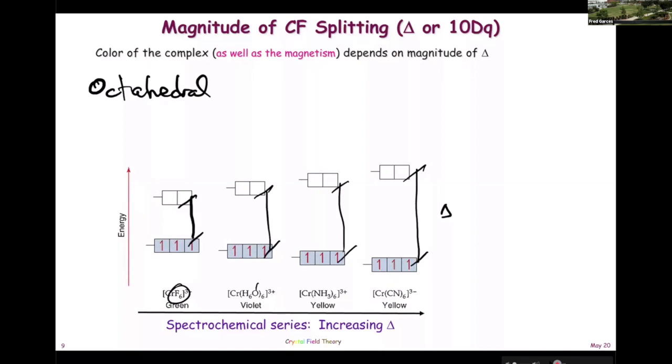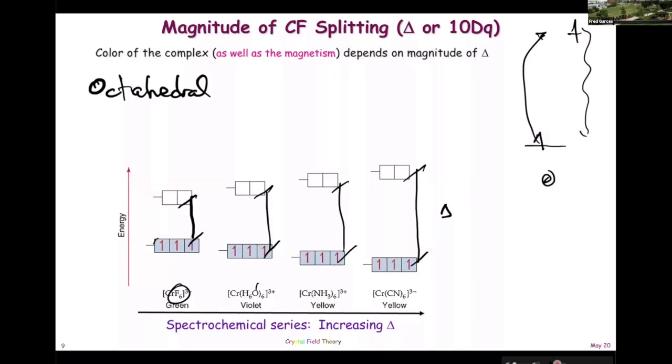You guys remember from quantum mechanics that when an electron is in the ground state, it can be promoted to an excited state. And then the color that you see is when the electron relaxes back down to its ground state. Well, that's exactly what's happening here.